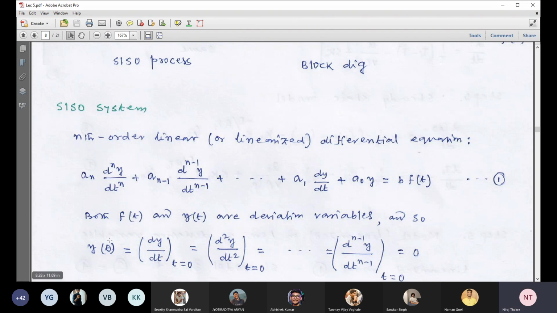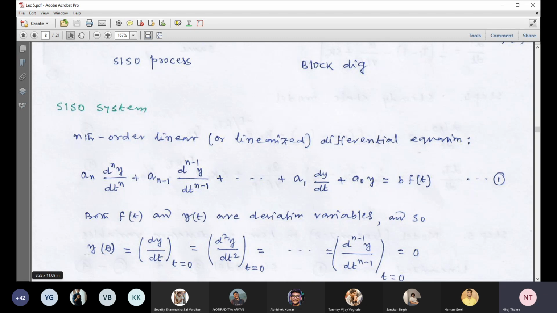And within bracket 0 means this is basically time t equal to 0, and at time t equal to 0, we are considering steady state. So at steady state, the deviation variable y is 0. I repeat, if y is a deviation variable, we can write y equal to y instantaneous minus y naught. Now at steady state, y instantaneous and y naught are identical. That's why y at steady state, t equal to 0, becomes 0.